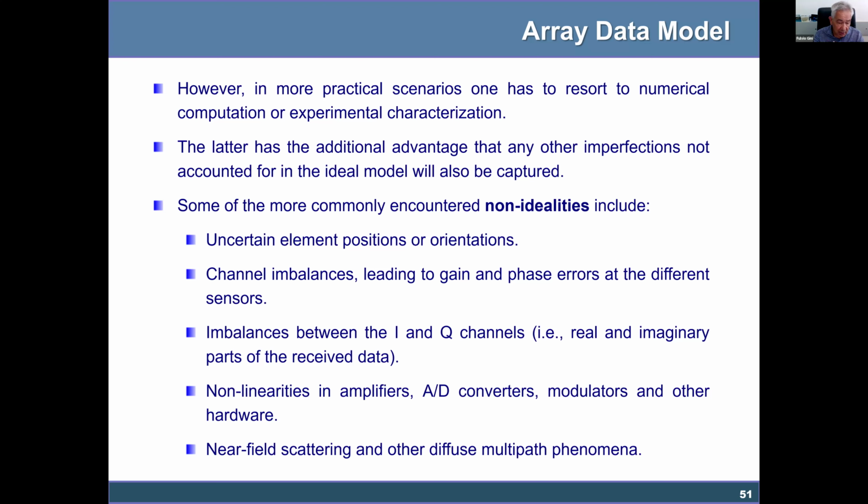Then within each channel, you can have imbalances between the in-phase and the quadrature channel. You have seen that to extract the complex envelope, we have to implement the in-phase and quadrature channel. And there are two filters, one in the I channel, the other in the Q channel.